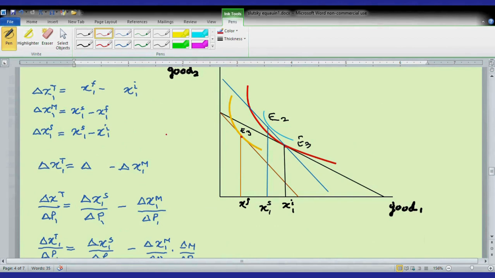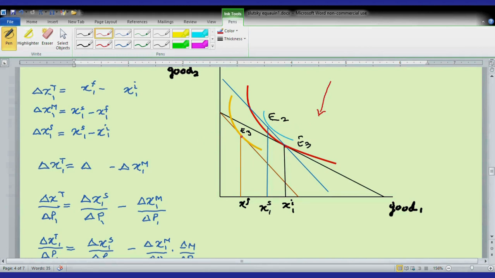We will derive this equation using the first graph that we had drawn earlier, where we had decomposed the price effect into income and substitution effects using the Slutsky compensation. Keep in mind that the Slutsky equation is nothing different than the decomposition of the price effect into its two effects, the substitution and the income effect.